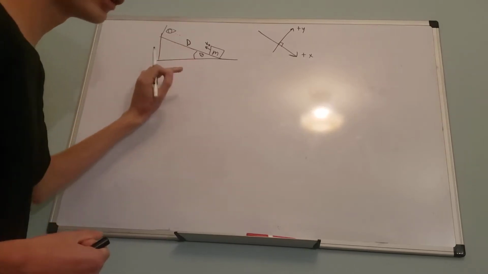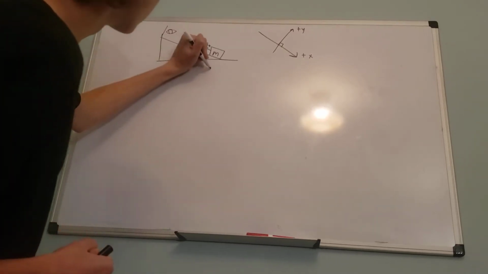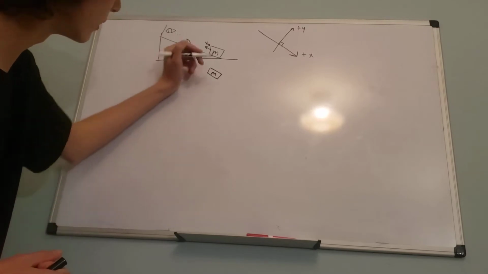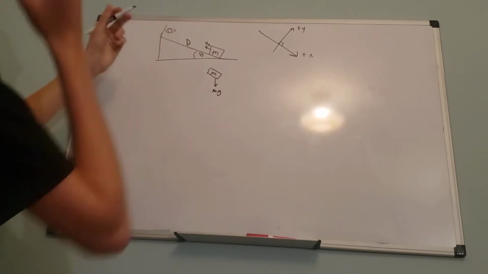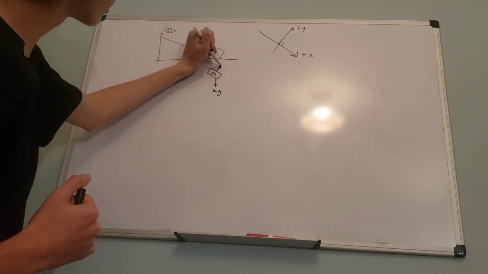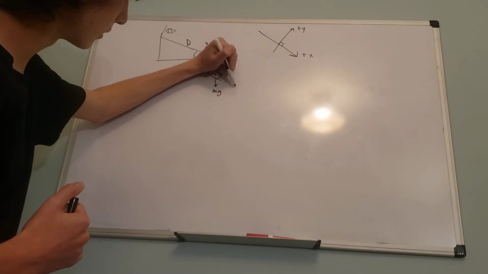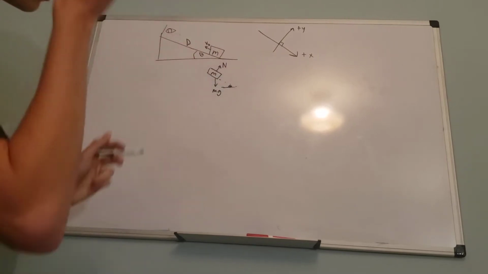Let me just draw a little free body diagram for the mass. We've got gravity as always, going straight down, and a normal force going outward from the slope. I'm also going to draw theta there.